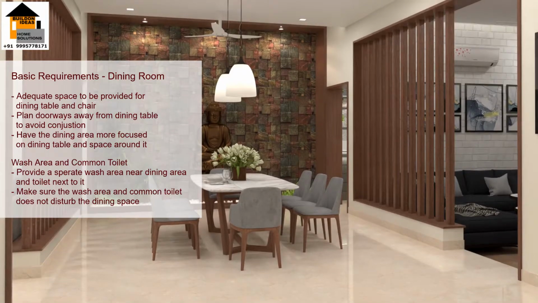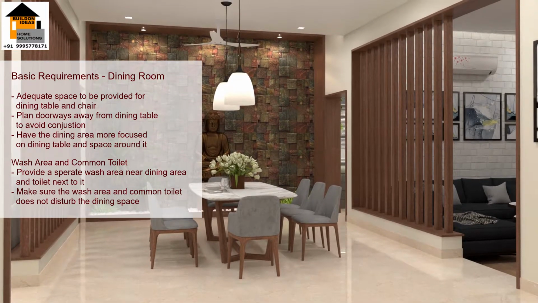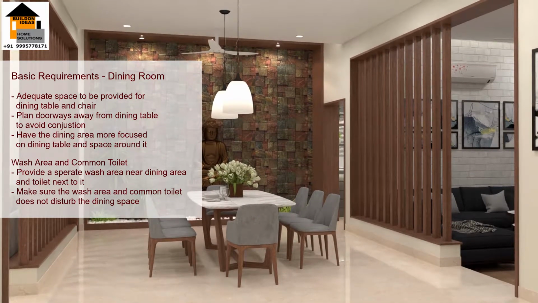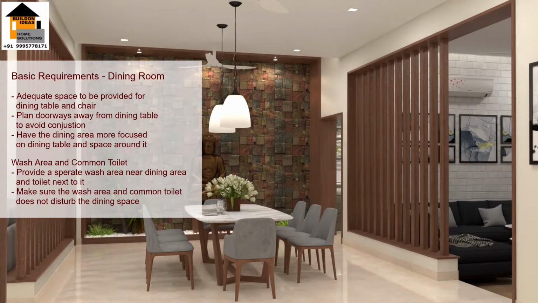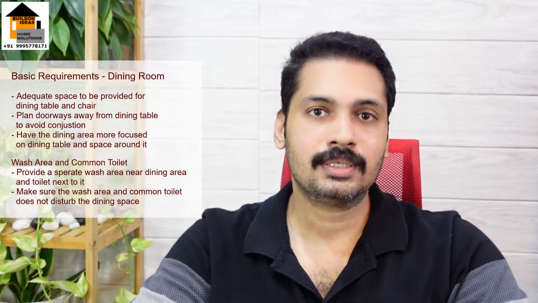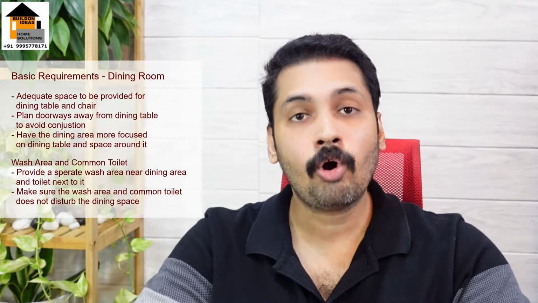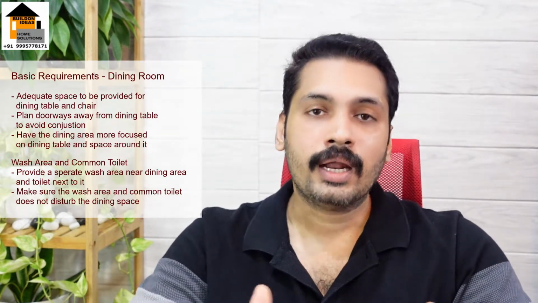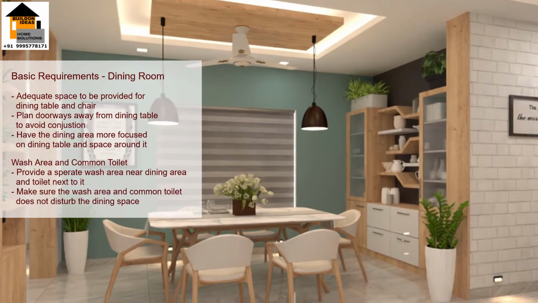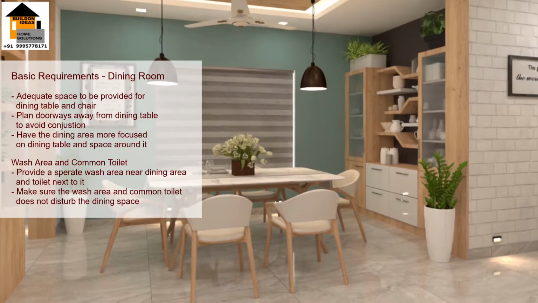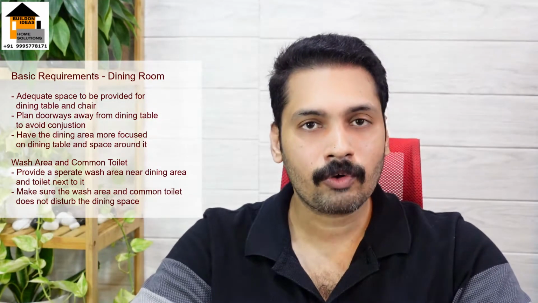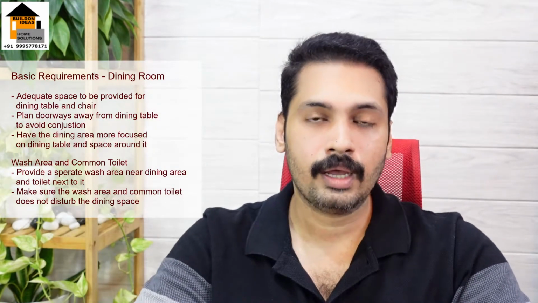Ultimately, even if your dining room has a very good space and is spacious, since these doorways are in different directions around the dining table, it becomes congested and there will not be any walkway to walk around in that room. So this should be avoided, and specifically you have to provide a space for the dining table, even if the room has all the walkways or doorways along with it.